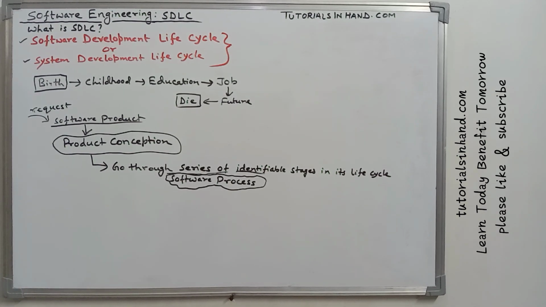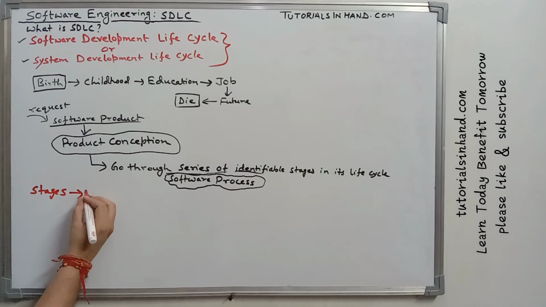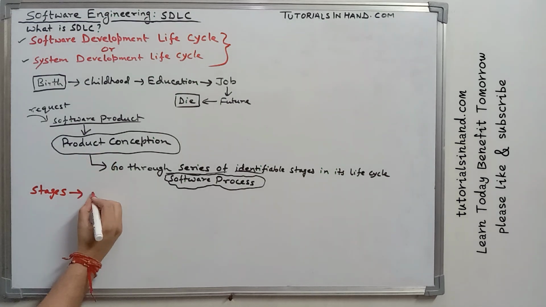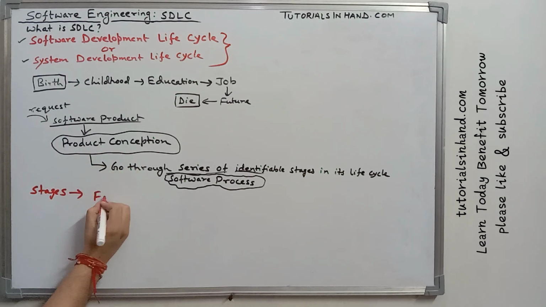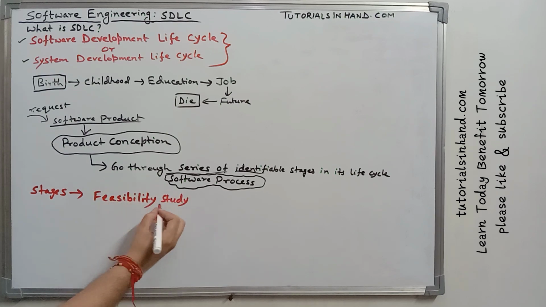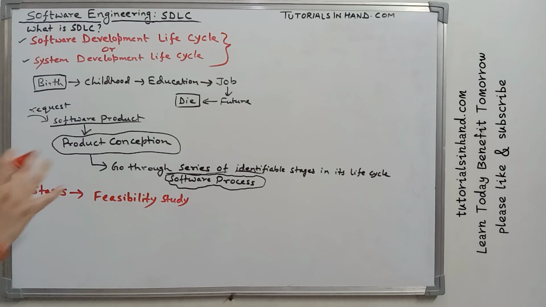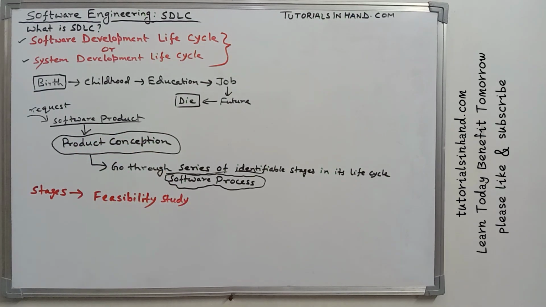Once the product conception is made, the product goes through a series of stages. After product conception, we are going to have a feasibility study. Here we try to understand whether the product we are trying to build is feasible or not.